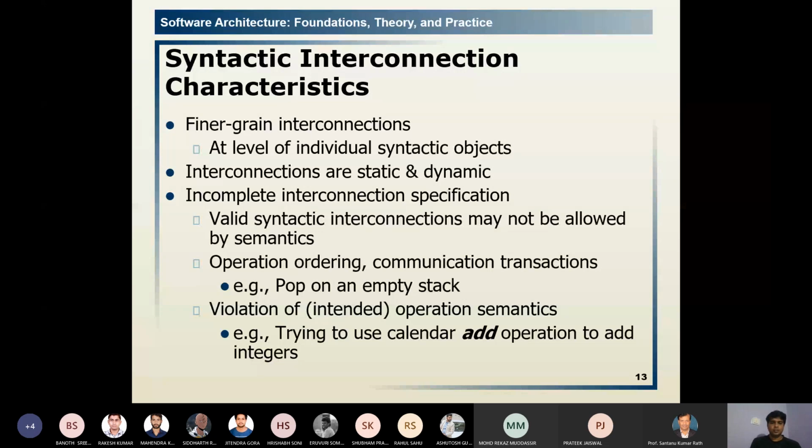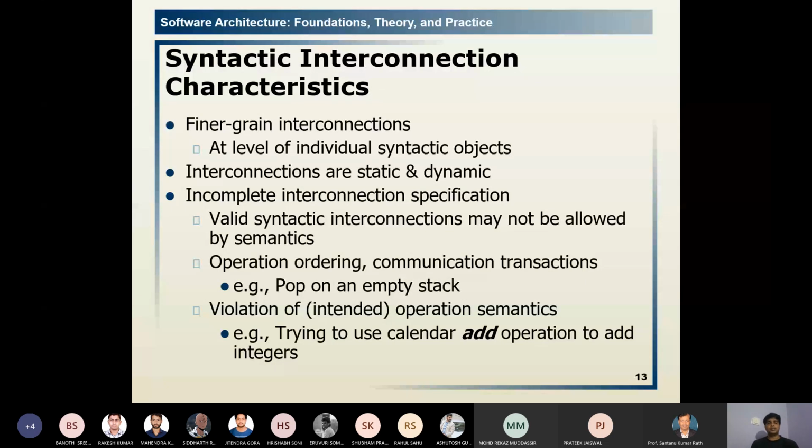Then operation ordering, communication transactions. For this, an example: pop on an empty stack. We are just popping something from an empty stack. That is not allowed in the semantics. The sentence is okay, but it is not meaningful. Can you pop anything from an empty stack?